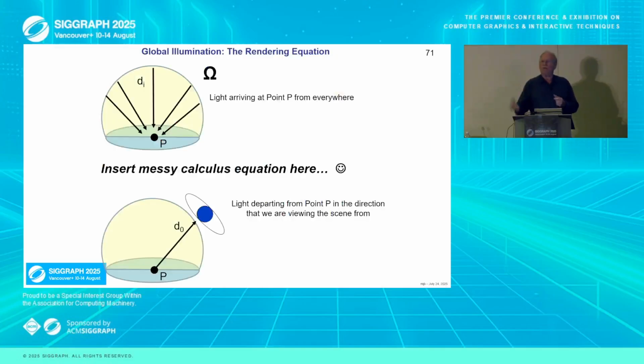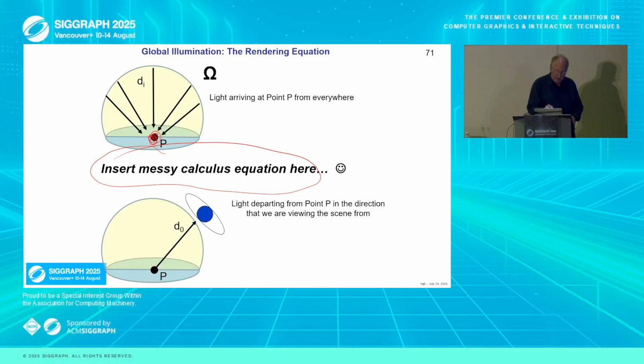Now, for more sophisticated lighting, well, there's something called the lighting equation. And it's a messy calculus equation that I didn't want to put in the notes, but it's there. And if you Google it, you can find it. But basically, here's what global illumination is really about: I've got this point P here, and I'm looking at it from an eye position up there. Now, the point P is gathering light from all sources around this hemisphere.